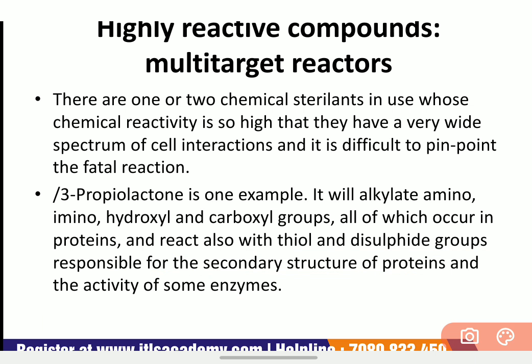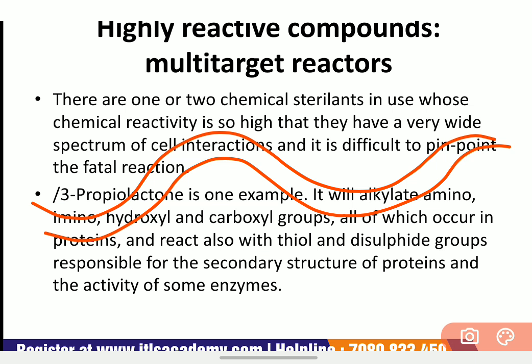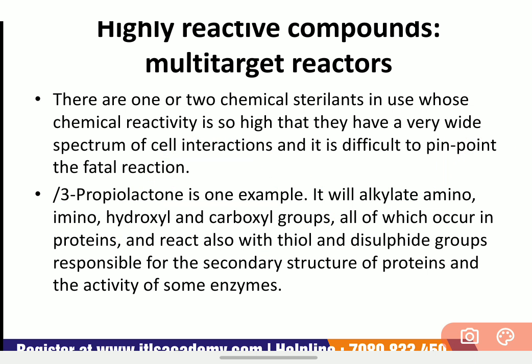If there is any change in these groups, there will be change in the protein that is synthesized from these amino acids. So the proper secondary structure of protein will be disrupted and there will be no proper functioning of protein, and also the activity of some enzymes will be affected because as we know most of the enzymes are proteins.